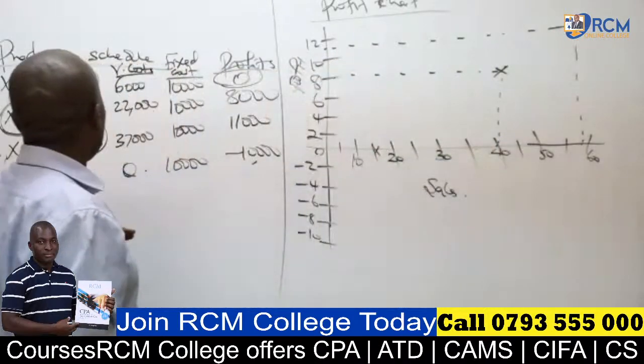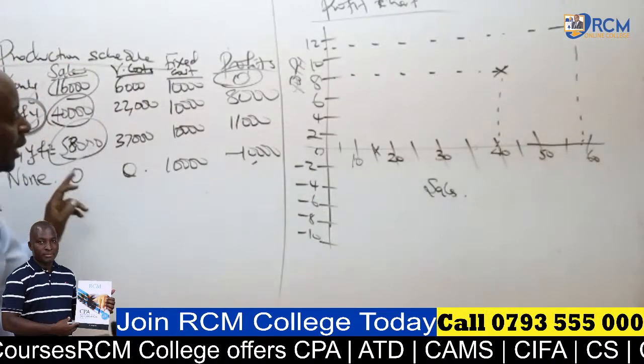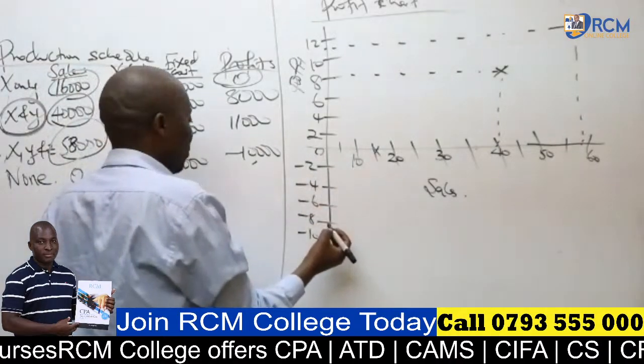After that, we have the last one: when sales is 0, profit is negative 10.